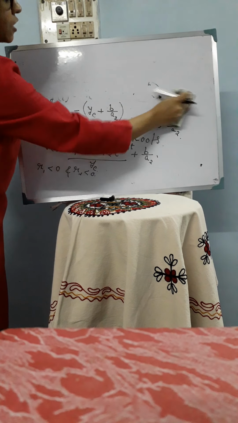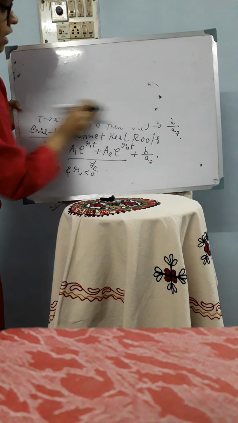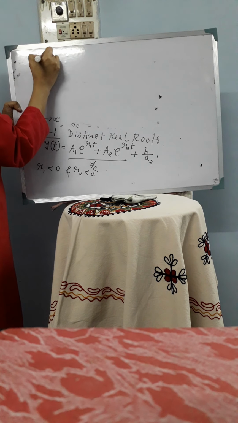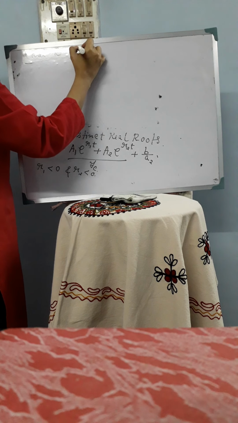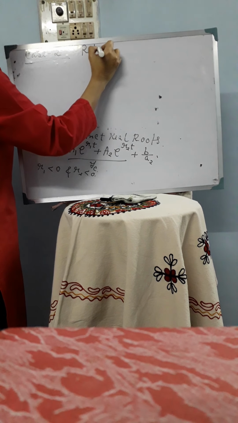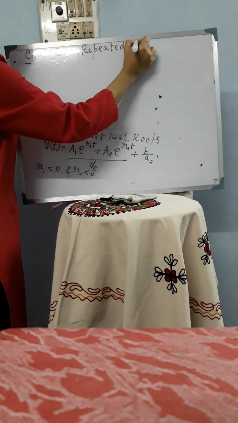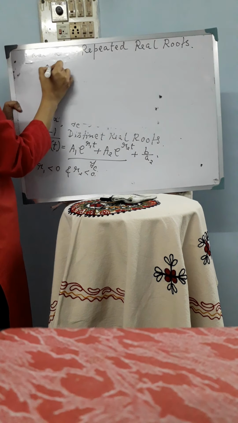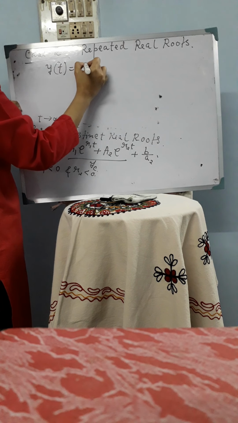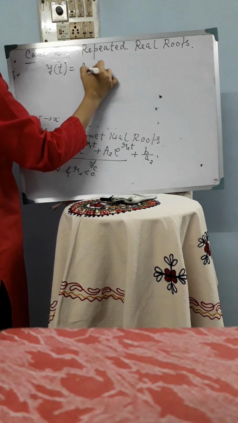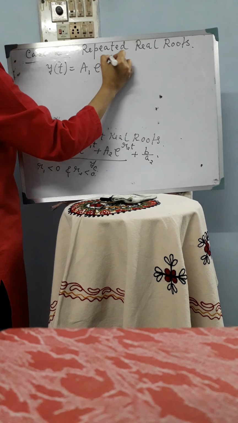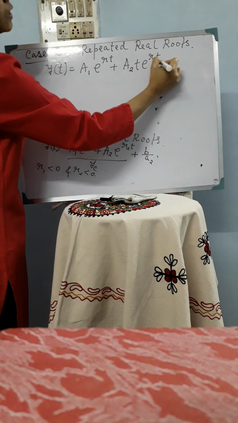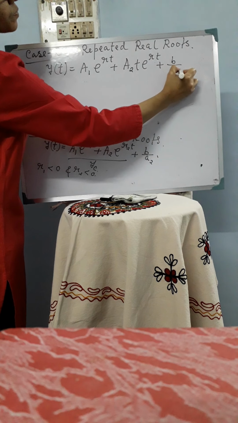Now we consider case 2, in which the roots are repeated but real. So in this case y(t) equals a1 e to the power rt plus a2 t e to the power rt plus b by a2.